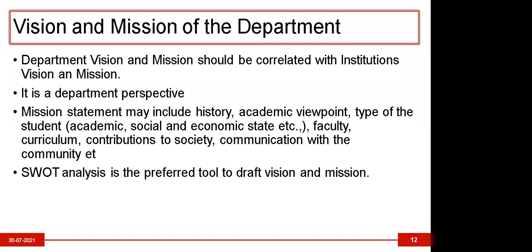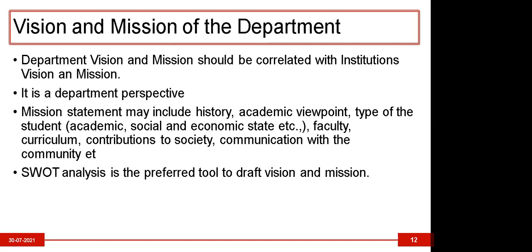And when it comes to the department, the department would like to have a vision statement. In accreditation, especially MBA accreditation, we talk about the program level. MBA accreditation is basically focusing on the program level, not the institution level.